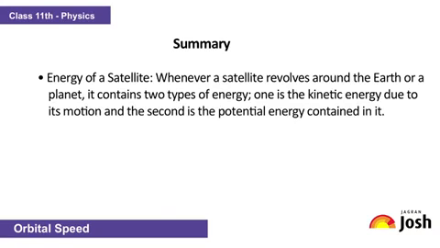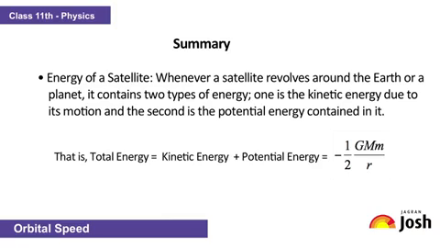Energy of a satellite. Whenever a satellite revolves around the earth or a planet, it contains two types of energy. One is the kinetic energy due to its motion, and the second is the potential energy contained in it. That is, total energy equals kinetic energy plus potential energy, which equals minus 1 upon 2 into GMm upon r.